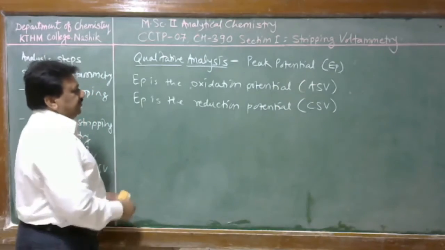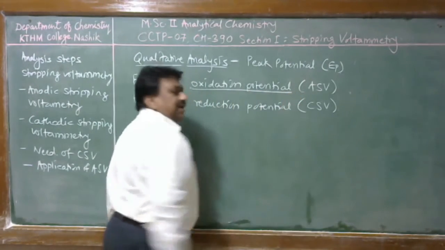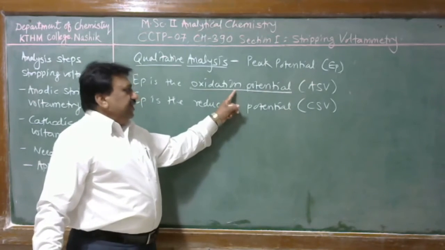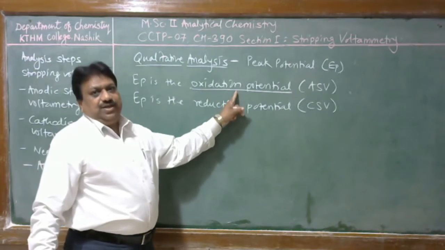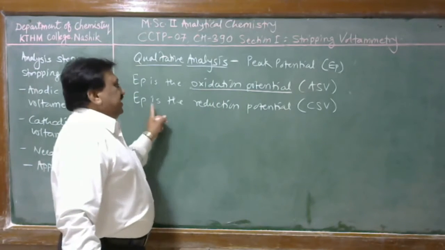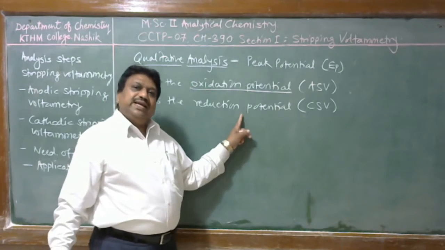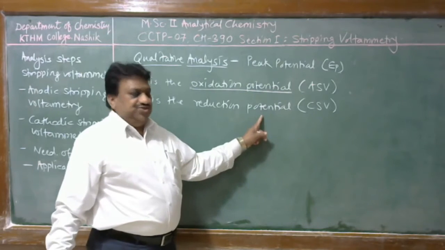Therefore, in anodic stripping voltammetry, the analyte is removed by means of an oxidation process, during which the oxidation potential is the identity of the material, and in cathodic stripping voltammetry, the analyte is removed from the working electrode by a reduction process and cathodic current is measured.